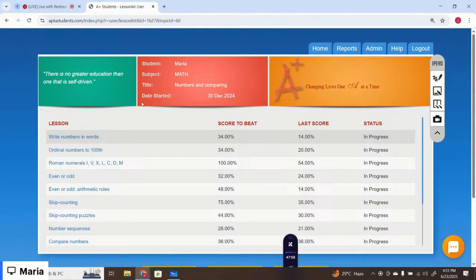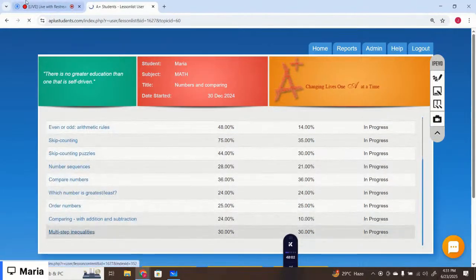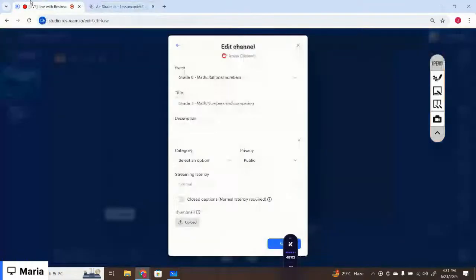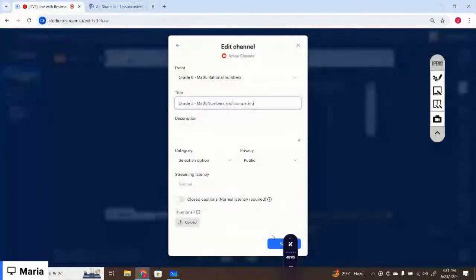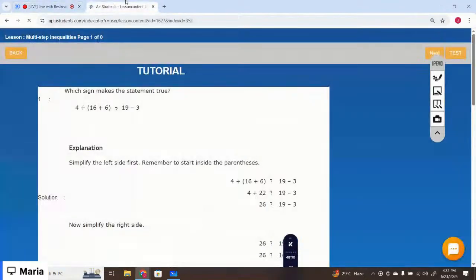The next lesson is multi-step inequalities. Let's just start with the lesson. Which sign makes the statement true: 4 plus 16 plus 6 and 19 minus 3?